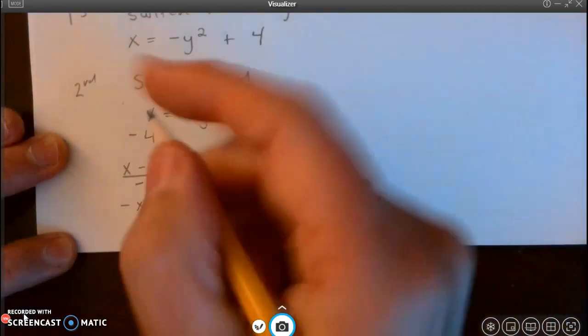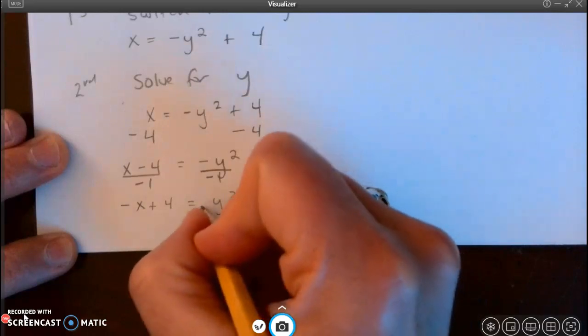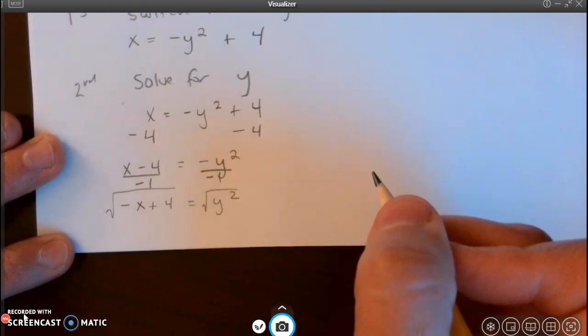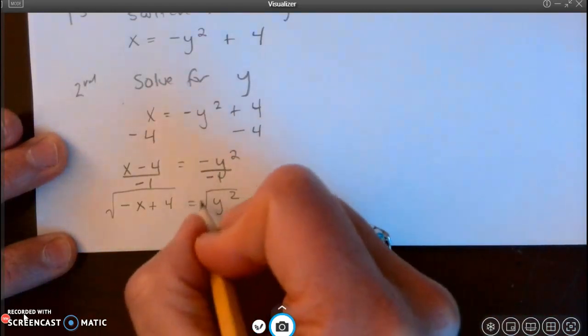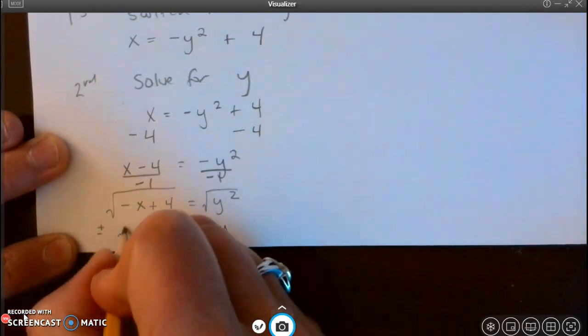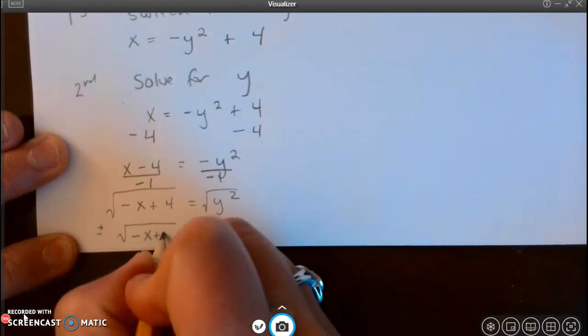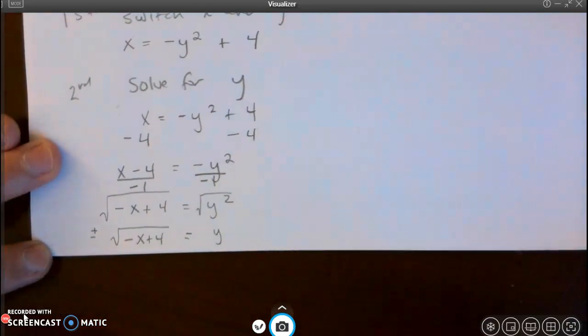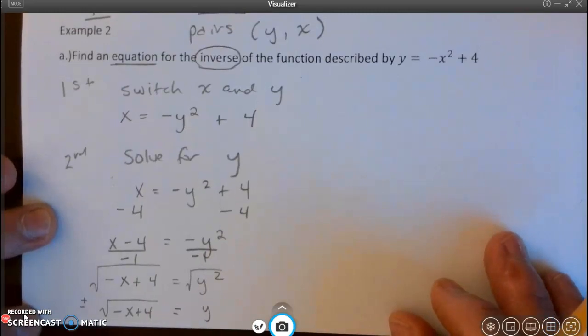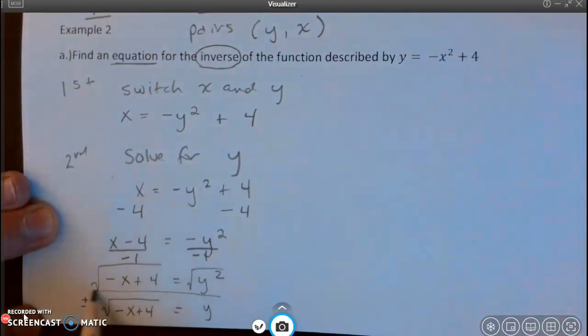And then to get rid of the squared, I'm going to take the square root, but I do need to remember that because I put the square root in, I have to remember plus or minus in my answer. So my inverse for x equals negative y squared plus 4 is y equals plus or minus the square root of negative x plus 4.